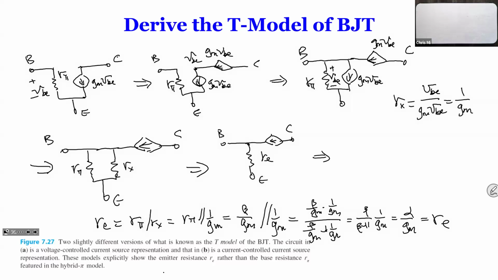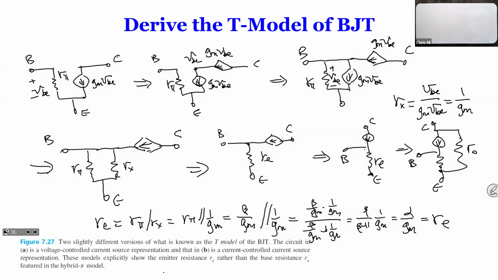And this one, we further draw it like this. And if we add the early resistance, then we will have the one on top is Gm times VB, and the bottom is RE.